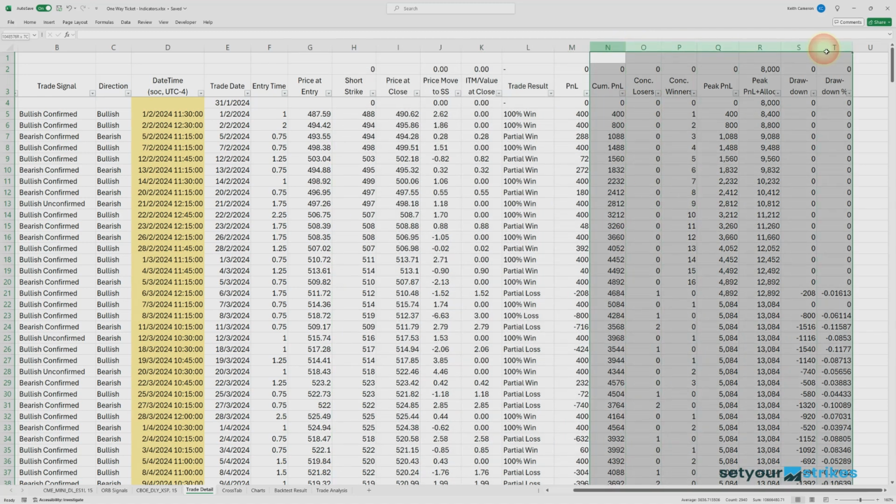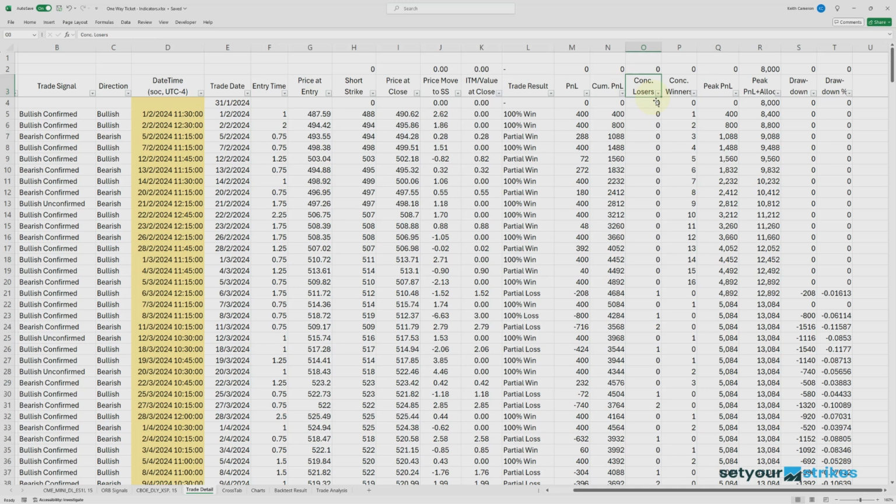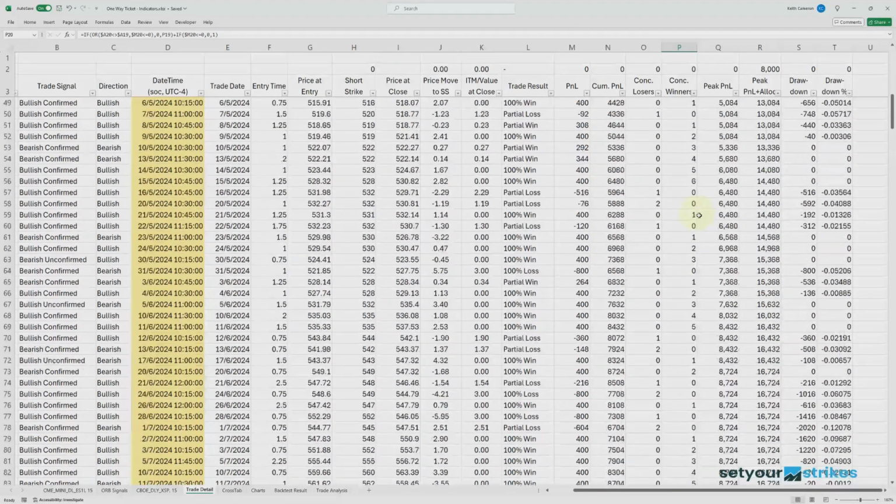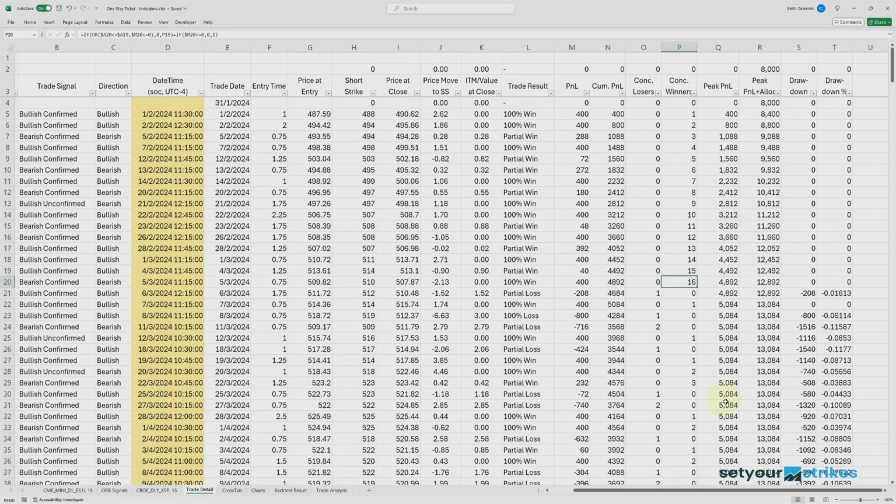And then I've got a bunch of columns more for the reporting and the metrics used for analyzing the backtest results. So things like concurrent losers, concurrent winners, counting those up to see 16 concurrent winners. Wow, I had no idea that's even possible, that we could have 16 winners in a row.